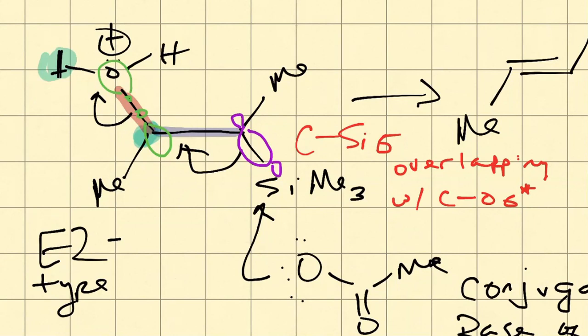Because again, the sigma star is empty. It's intended to be empty, right? If you look at an orbital diagram for any sigma bond, you have sigma, which has your electrons in it, and then sigma star, which is empty, right? So if you are donating into sigma star, then that's gonna cause a sigma bond to be cleaved.